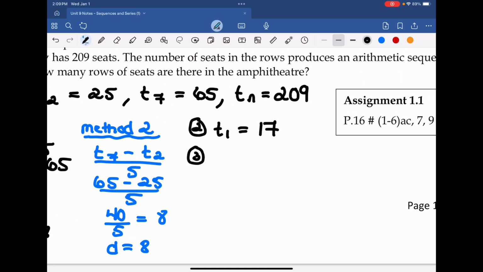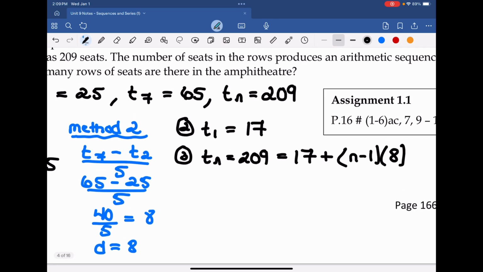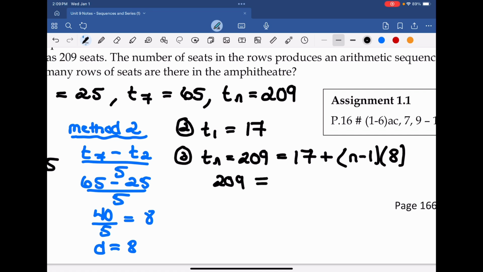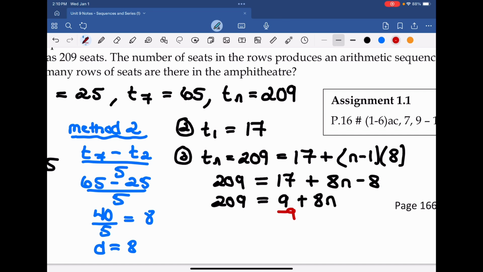Now we can do our final step here. We can go Tn, which is equal to 209, which is equal to the T1, which is 17, plus the n minus 1. N is what we're looking for. Common difference, which is 8. We're going to multiply this out. So it's 209 is equal to 17 plus 8n minus 8. 17 minus 8, this is going to give us 209 is equal to 9 plus 8n. We're going to subtract the 9 from both sides, and this is going to give us 200 is equal to 8n.